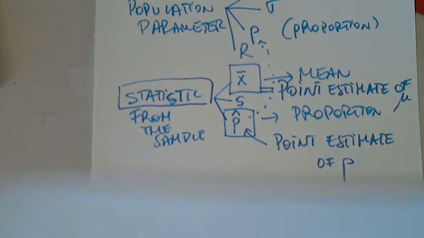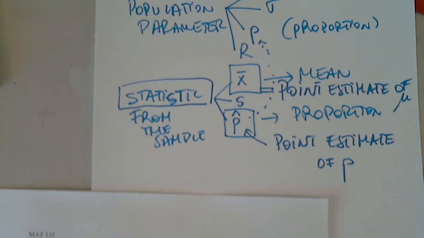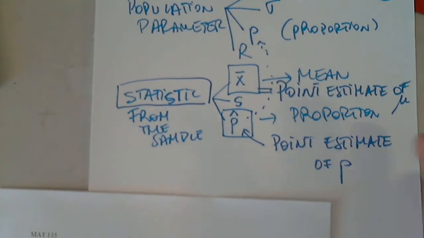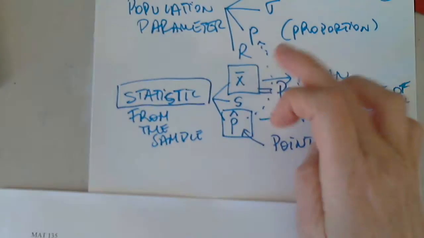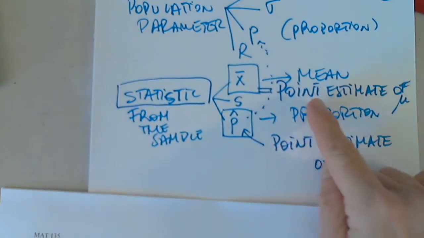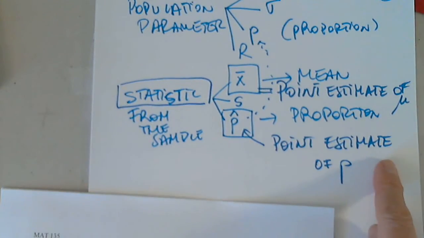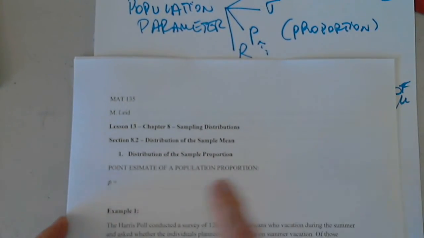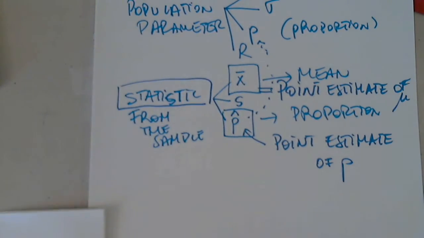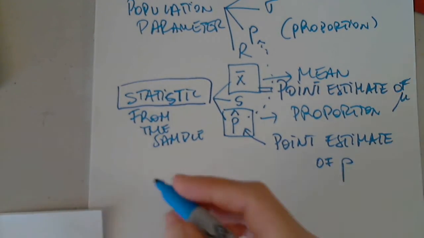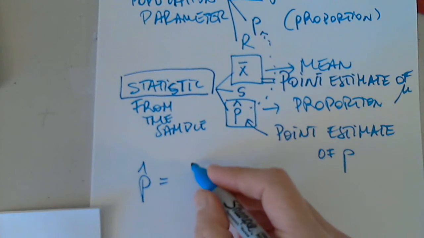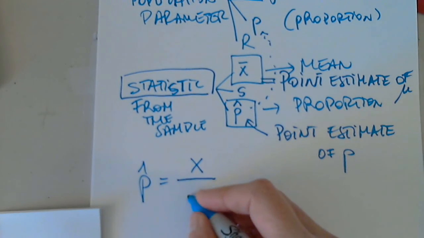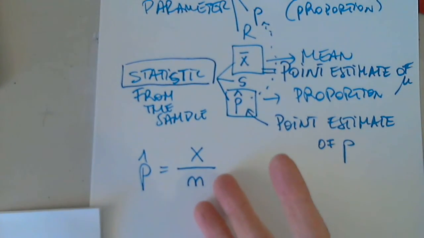Okay. So keep in mind two new vocabulary if you want. Statistic, but also called point estimates. Okay. The point estimate of a population proportion is called p hat. It comes from the sample and is x divided by sample size n.